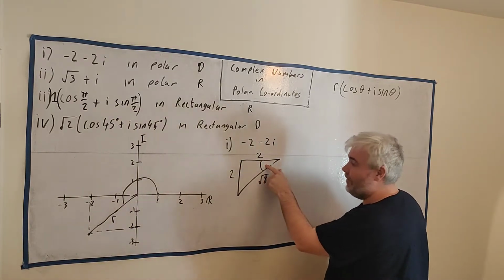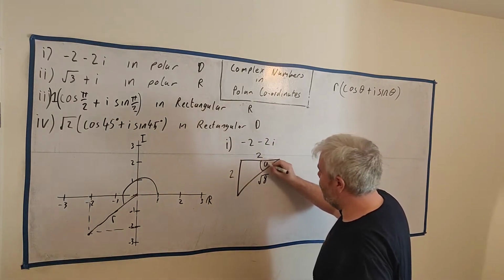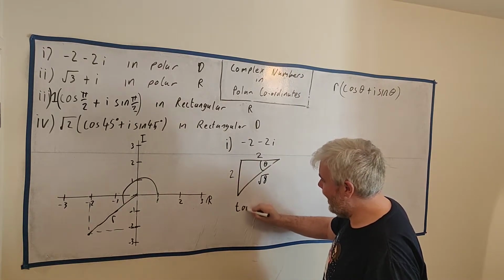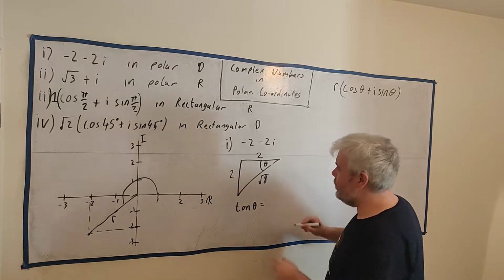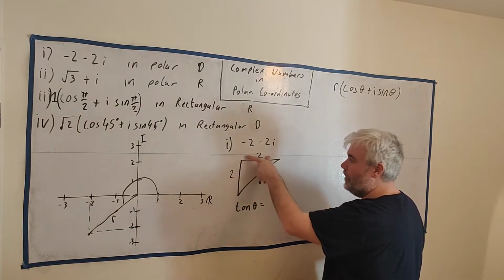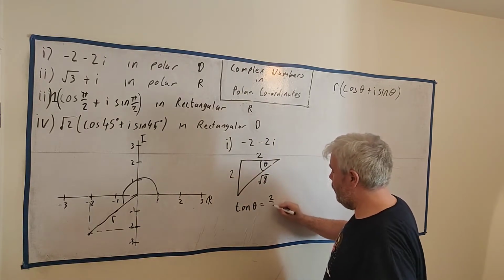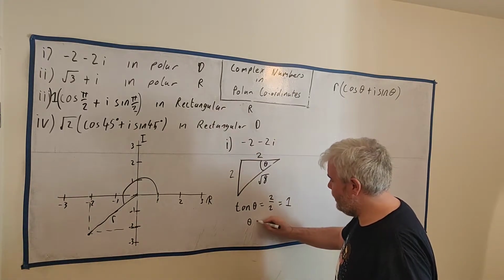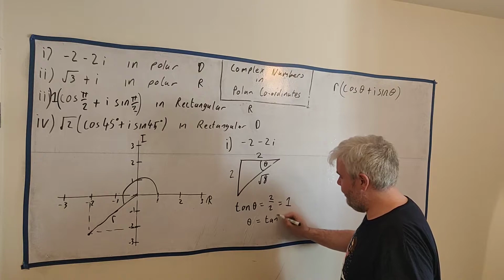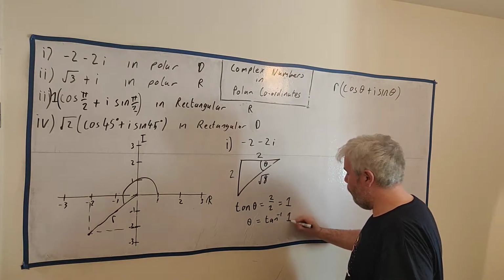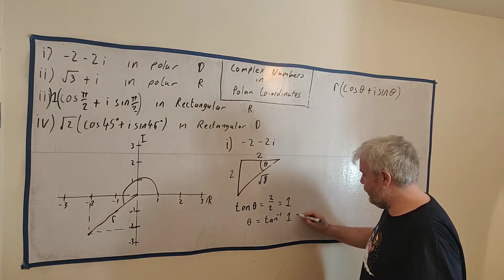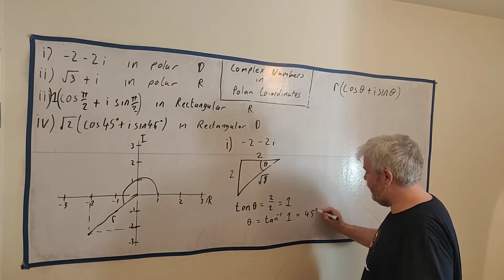Okay, so I need to find this angle here. We'll call it theta for now. That should be easy enough to get. Tan of theta is equal to the opposite over the adjacent, 2 over 2, which is equal to 1. So theta is equal to the inverse tan of 1. You can check on a calculator, but that is actually 45 degrees.